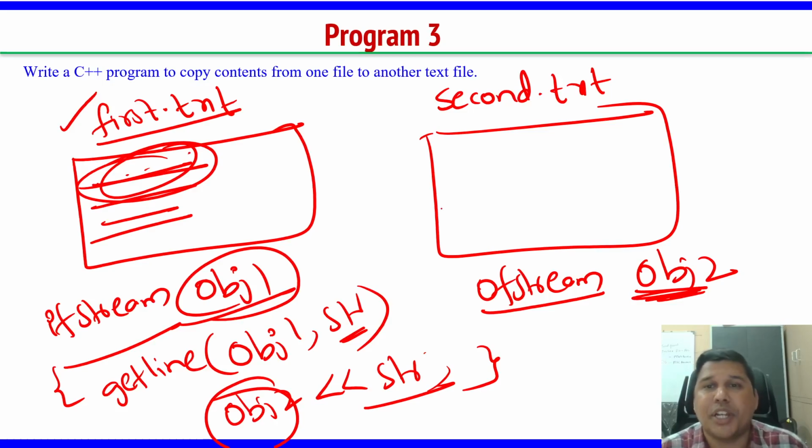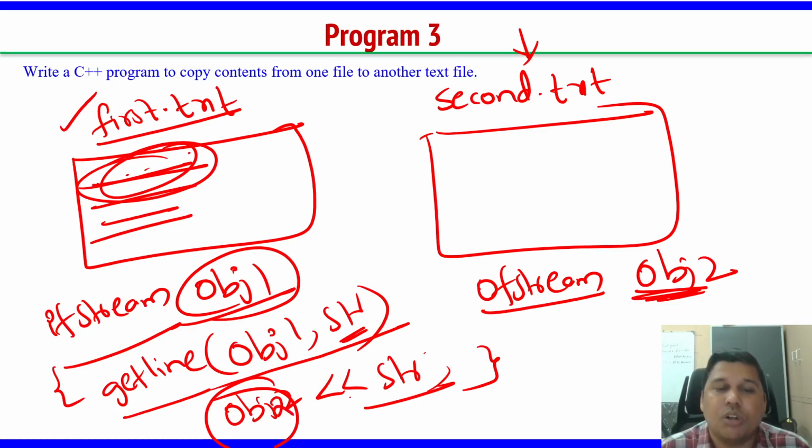Because object2 has write permission and control over the second file, second.txt. So in a while loop, while getLine object1 comma str, write object2 and using the insertion operator put str. Every line fetched from text1 will be moved into text2.